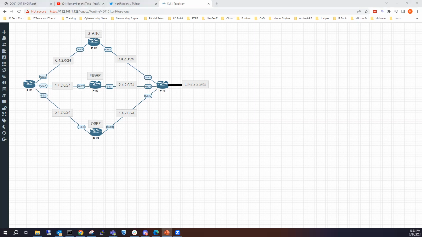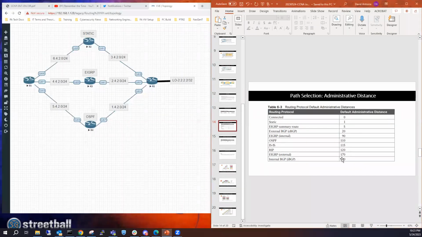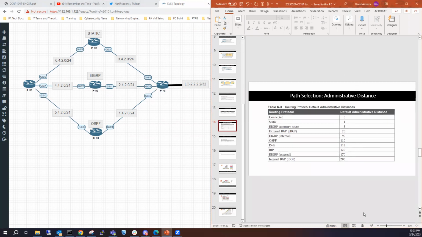It's okay, I'm going to help you out. And again, just like Makivia said, we are looking for the lowest administrative distance. So with that being said, which path is R1 going to take? Lowest one.